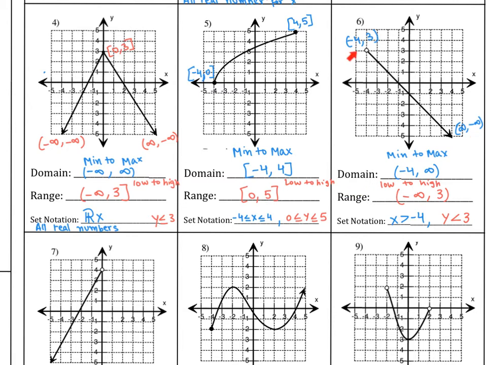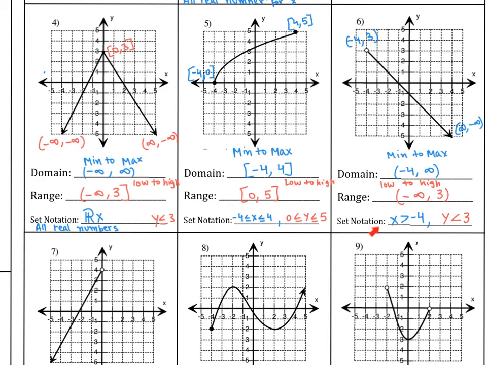Domain, the lowest is -4, and the minimum is -4 and the maximum is infinity. So -4 comma infinity. For range, you're going to go lowest to highest. So the lowest y value is negative infinity and the highest is 3. So negative infinity comma 3.